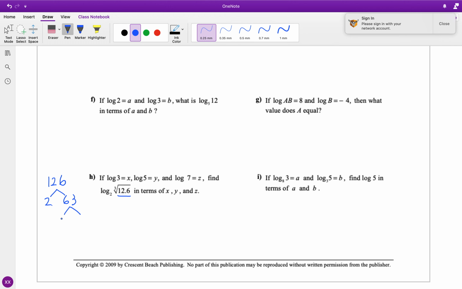And then there is a 3, and then there's a 21, and there's another 3, and there's a 7. Interesting. You see, there is a 7, sure, log 7 there. The 3, sure, is here. The problem is there's a 2. There's no log 2 given, but they're given a log 5. I'm thinking, that's interesting.